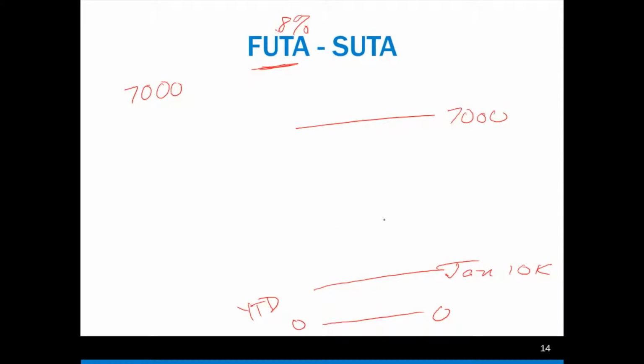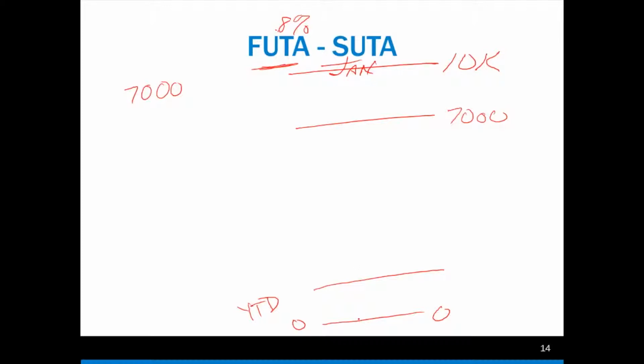Well, let's do two examples here. Sorry about that. Let's say the first paycheck, the owner of the company gets paid $10,000. This is the end of January.